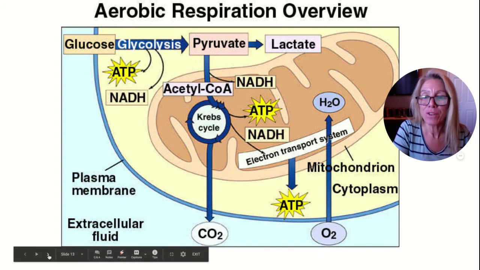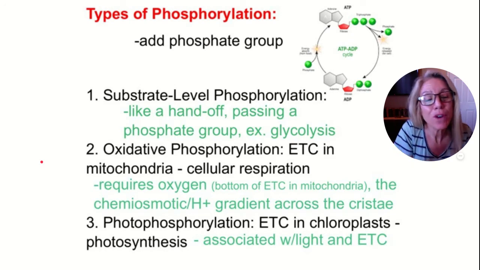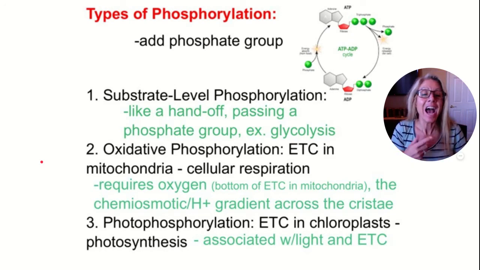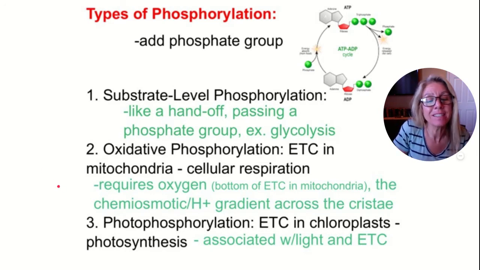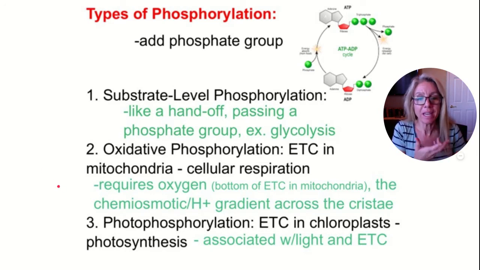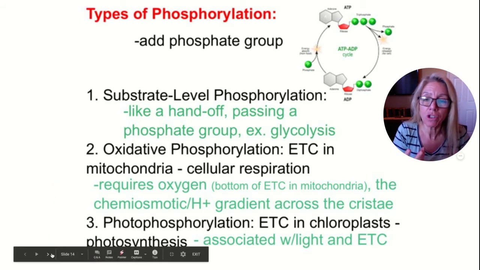Okay, now there's one more, and that's photophosphorylation. What do you hear in photophosphorylation? Light, right? And I bet you're thinking of photosynthesis. Photosynthesis is something that chloroplasts do to make ATP. It's associated with another electron transport chain, but the light comes at the beginning.